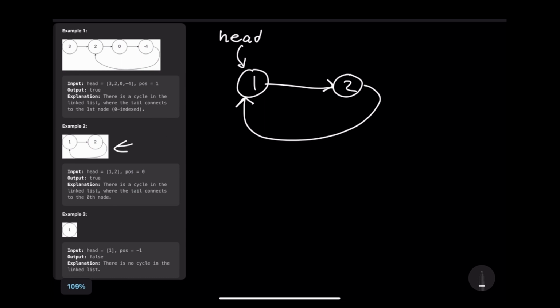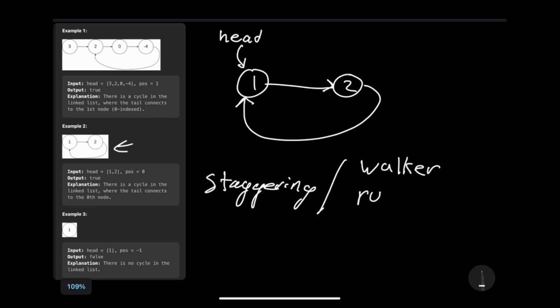One thing that's coming to me is a trick I'm remembering from the days when I was studying this, which is to use the concept I'm going to call staggering. Oh, I think my professor actually called this the walker and runner technique. Don't quote me on that.